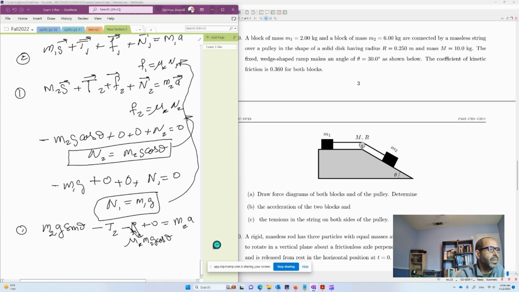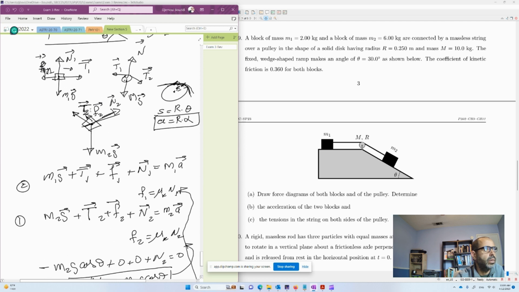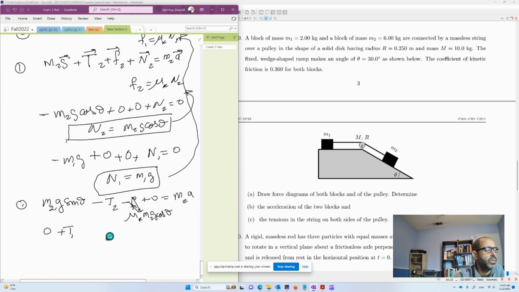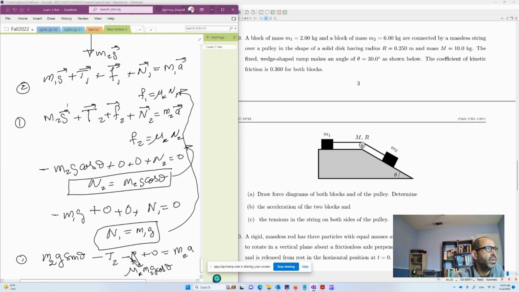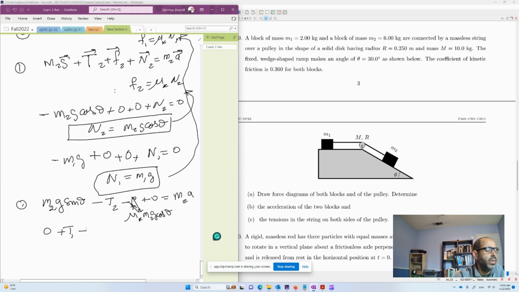So that gives me, in the horizontal direction, the weight has no component. The tension is positive T1, by the way, you can see it's in the positive direction, minus the force of friction F1. I'm sorry, I'm looking at equation 2, so it's F1.